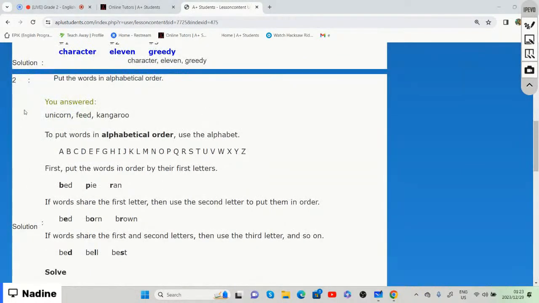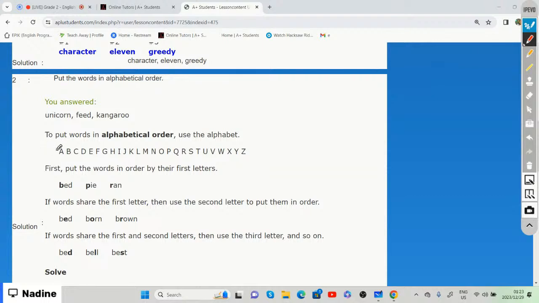All right, so now we're going to put these words also in alphabetical order. We have unicorn, feed, and we have kangaroo.